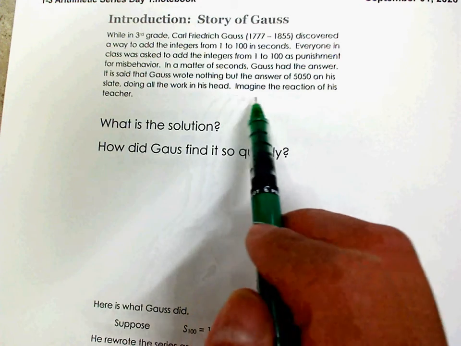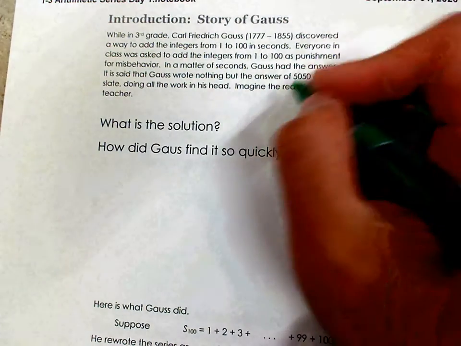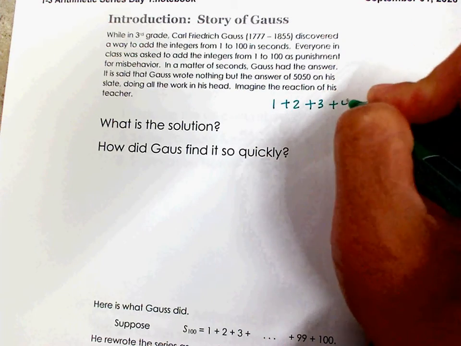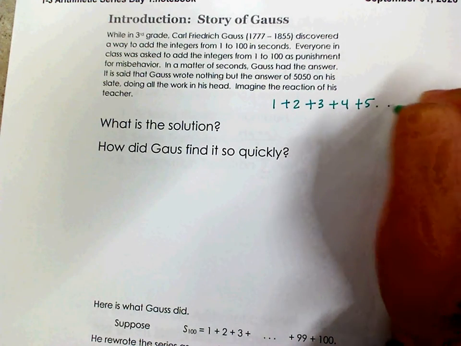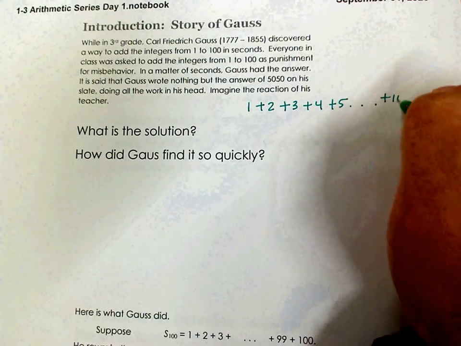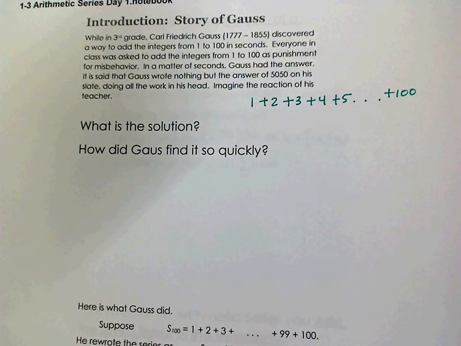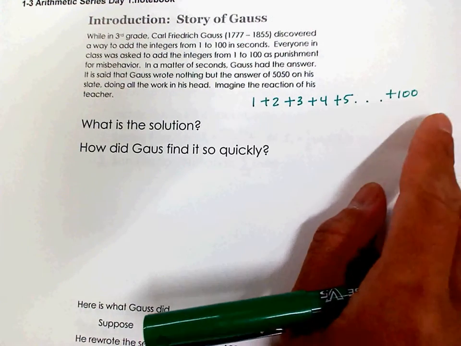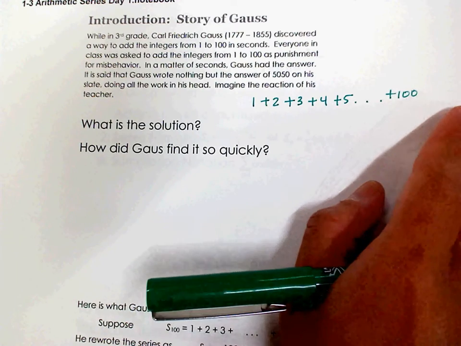Imagine the reactions of his teacher. So he's going 1 plus 2 plus 3 plus 4 plus 5, all the way to 100. As you can see, this is a series. It has a beginning and an end. It doesn't continue on forever.